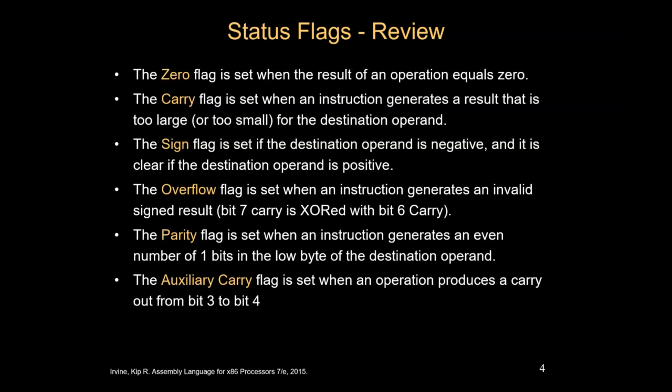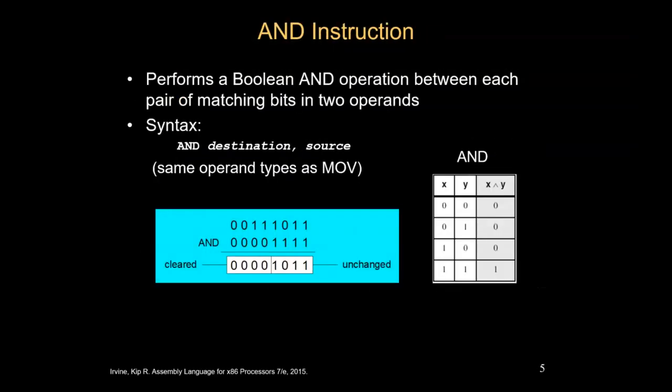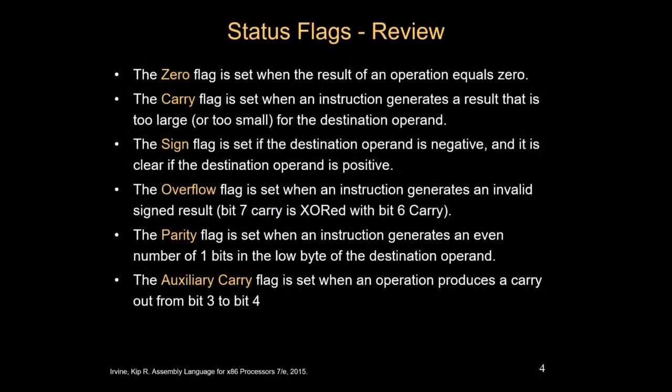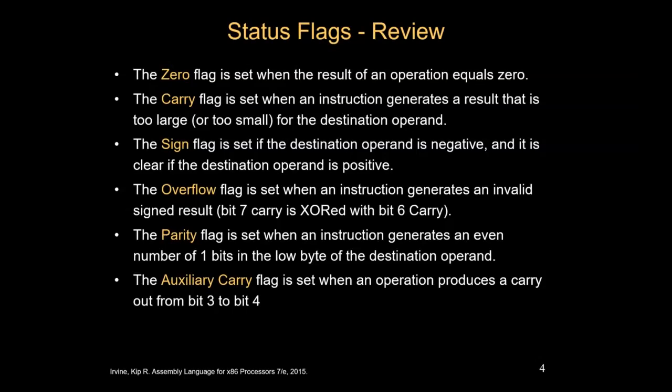As a recap, we know that the zero flag is set when the result of an operation equals 0, and the carry flag is set when the instruction generates a result that is too large or too small to fit into the destination. And also the sign flag, which is set if the destination operand is negative, and it's clear if the destination operand is positive.